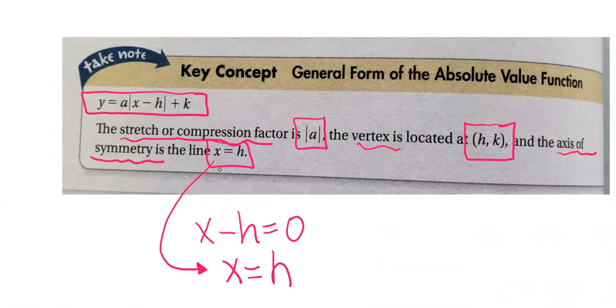Notice how they have the stretch or compression in the absolute value on this one. So really that negative doesn't matter. It's only looking at the number itself. If it's fractional between 0 and 1, regardless of the sign, it is a compression. If it's bigger than 1, then it's a stretch. Remember that stretch or compression is in the absolute value, so the sign ahead of it just means it's opening down rather than up.